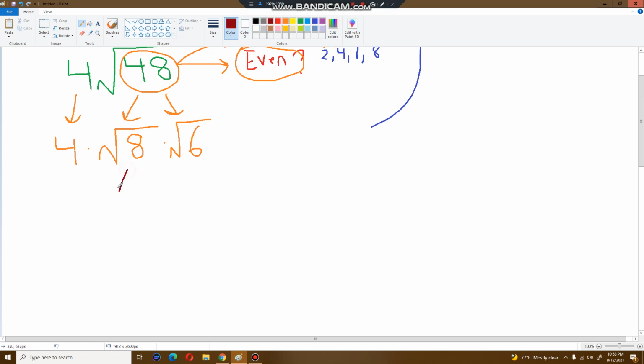I sure can. 8 is an even number, and I do know that 4 multiplied by 2 will give me 8. And here, 6. Well, I know that 3 multiplied by 2 will give me 6. And of course, don't forget the 4. Bring that down too.